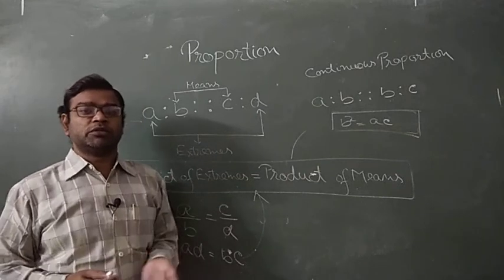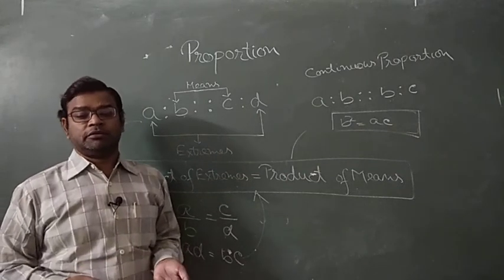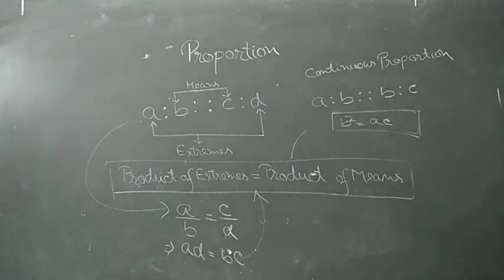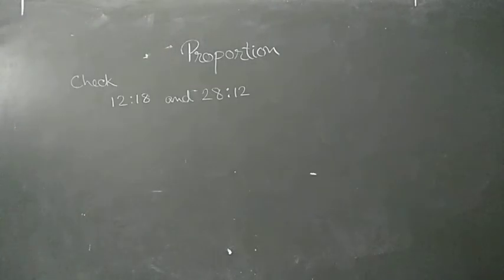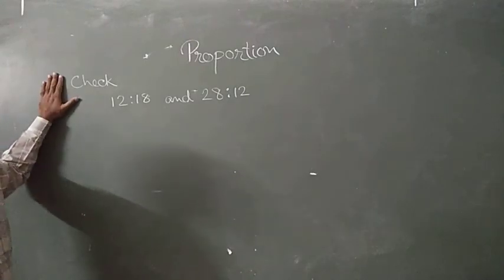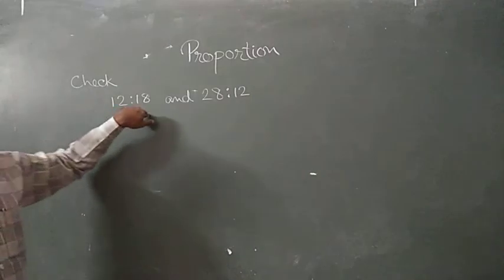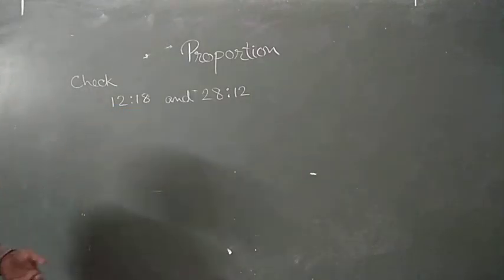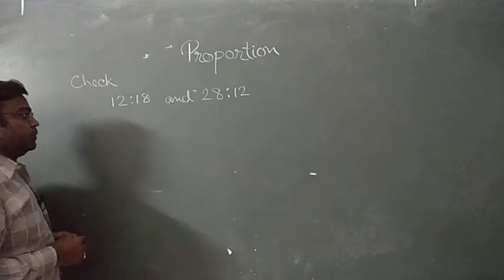When you solve some questions, you can easily understand proportion. Let's discuss some questions. This is the first question of proportion: check whether the given ratios are in proportion or not.